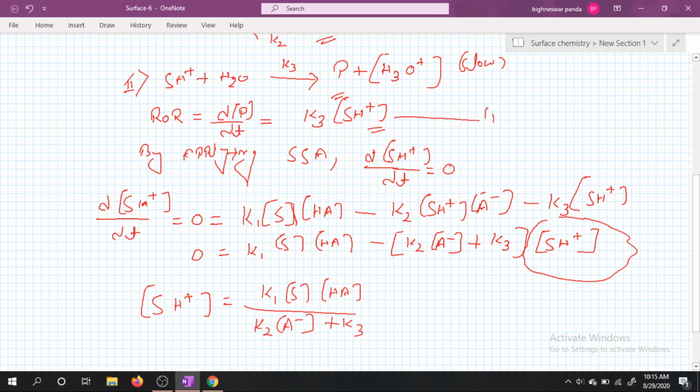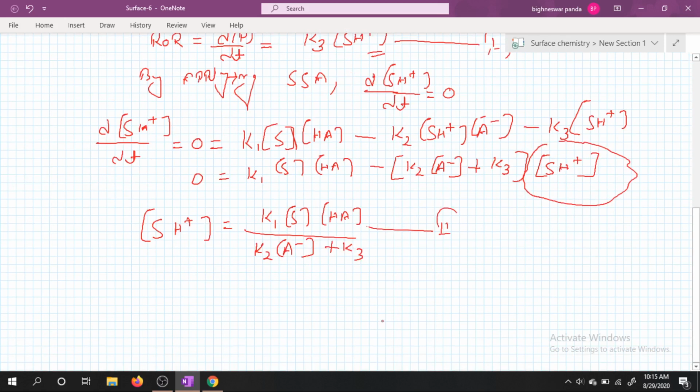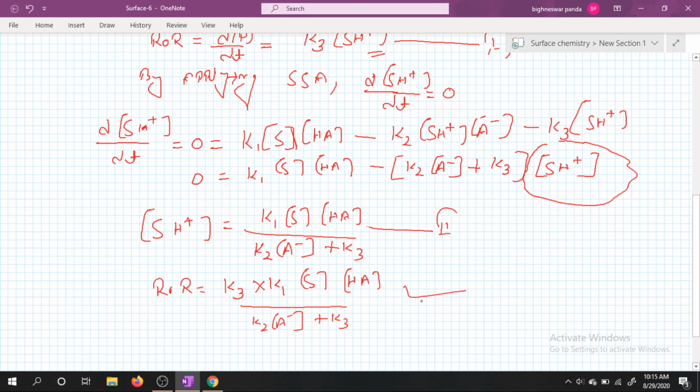Consider this our equation 1, and by applying the value of SH plus in equation 1, we get the rate of reaction equal to K3 K1 S HA divided by (K2 A minus plus K3). So this is the rate of the acid base catalyzed reaction for mechanism 1.